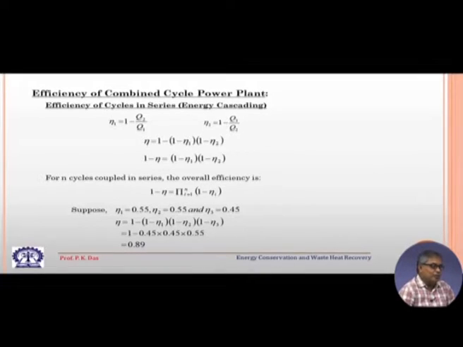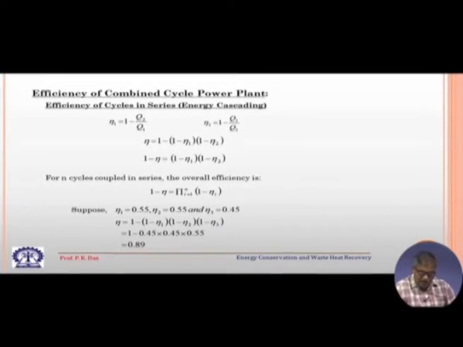If there are n number of cycles coupled in series, then 1 minus eta, where eta is the efficiency of all the cycles combined together, is given by a multiplicative law. Sorry, this will be given by the product of all 1 minus eta i, where i starts from 1 up to i equal to n.